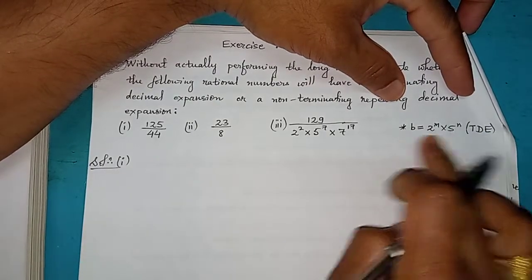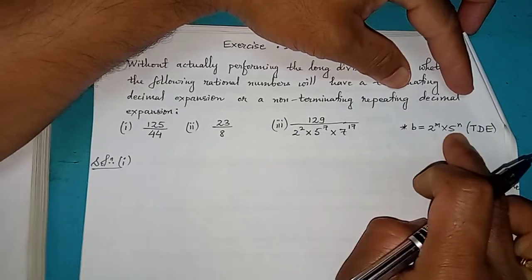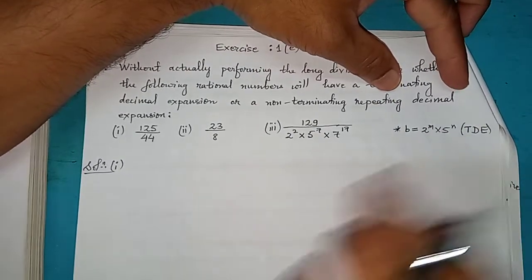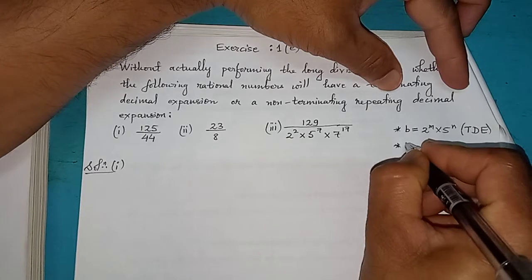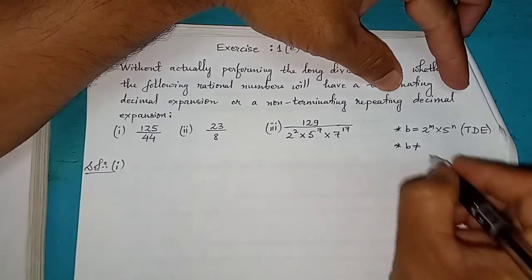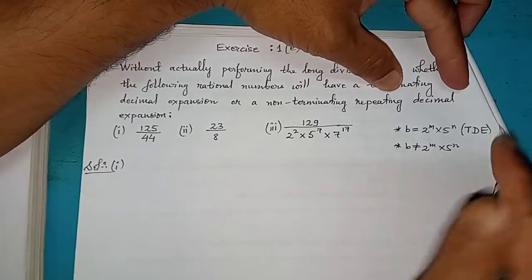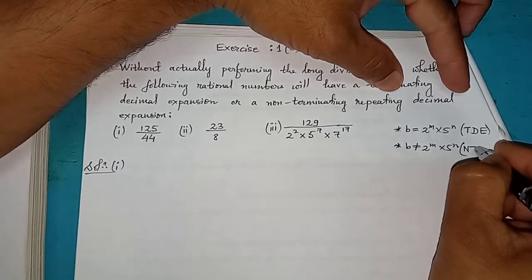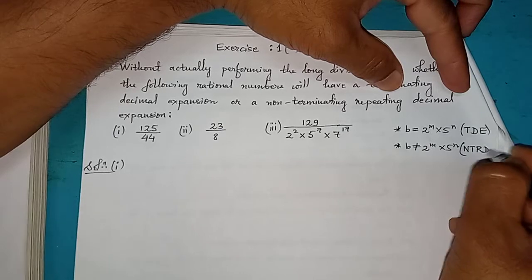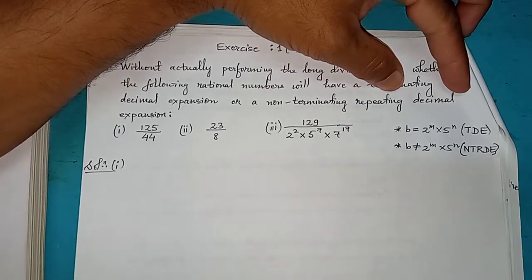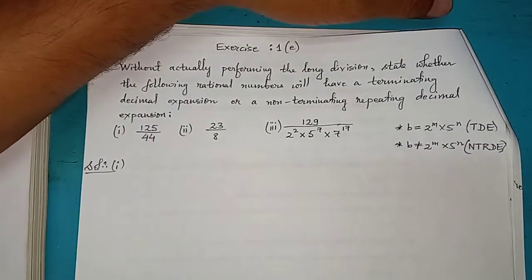If b is strictly in this form, it will have a terminating decimal expansion. And if your denominator b is not in this form, you cannot convert b into this form, then it will have a non-terminating and repeating decimal expansion.